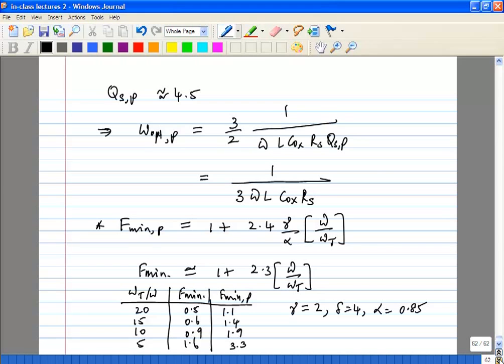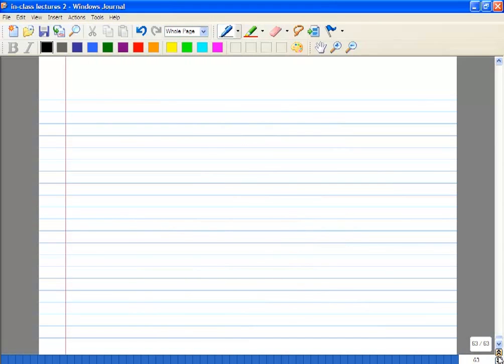Okay, so now let's come back to our design procedure. So first, of course, we are going to determine W opt. That's the basic starting point.